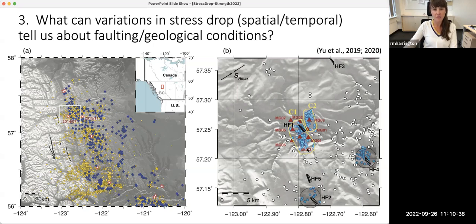The locations closer to the array, of course, are very well constrained, but the ones plotted in blue temporally correlate with well treatments, which are shown by these different hydraulic fracturing wells. In particular, we focused a lot of attention on cluster 1 and cluster 2 around the well, because we did see some migratory behavior, which allowed us to estimate the diffusivity of the rocks at a value of about 0.2 meters squared per second.